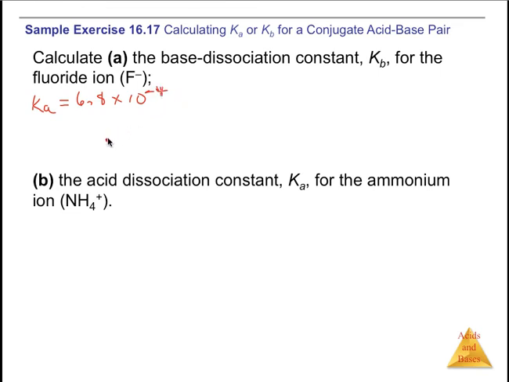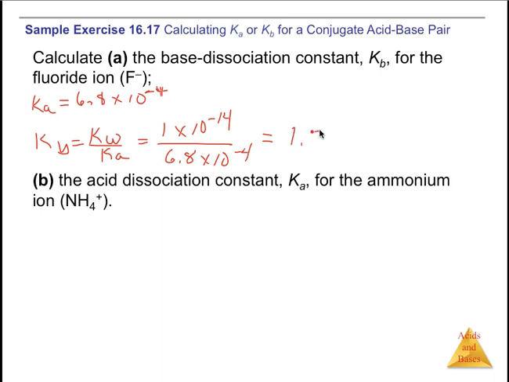I'll have to supply you that one because IB charts are different than the AP ones. But anyway, I know that Kw over Ka is going to be equal to Kb. Kw is 1 times 10 to the negative 14th. Ka is 6.8 times 10 to the negative 4. Doing the math, I get 1.5 times 10 to the negative 11.